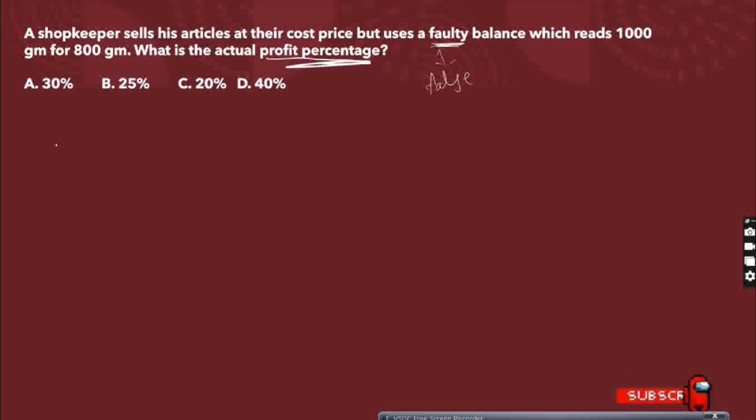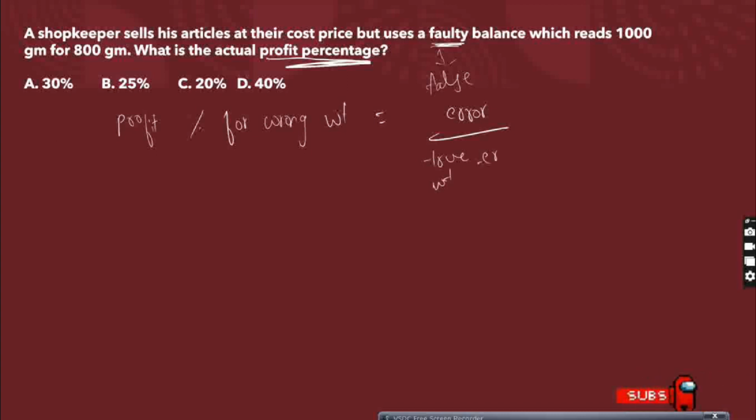We have a formula to calculate the profit percent for a wrong weight, and the formula is error divided by true weight minus error into 100. This is the formula in order to calculate the profit percentage.